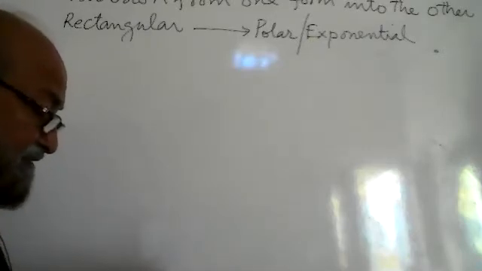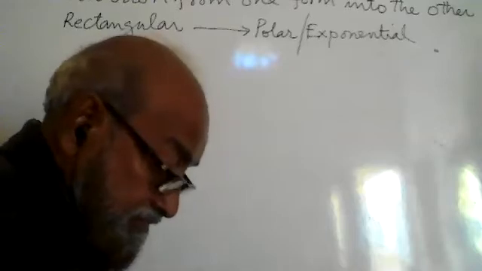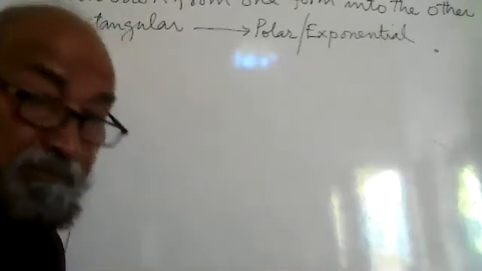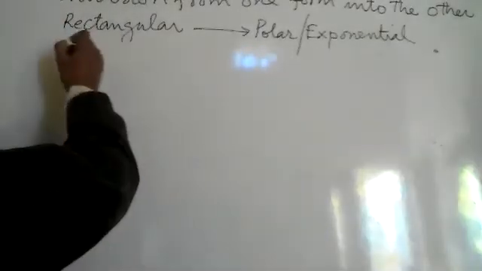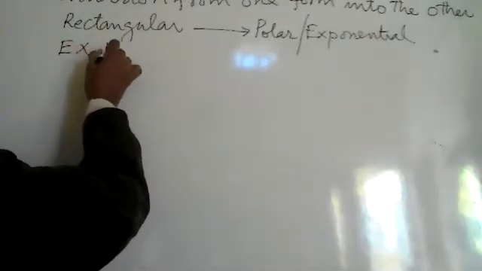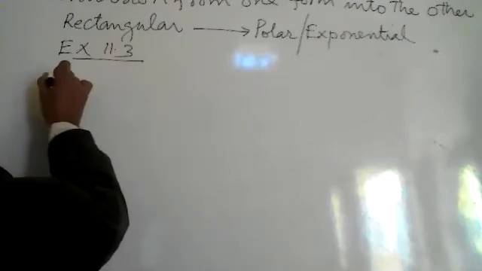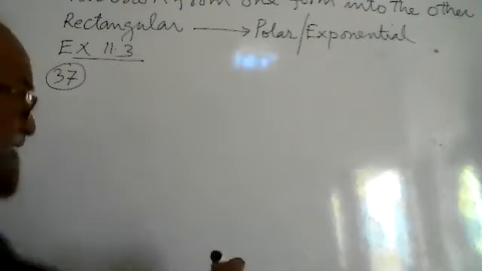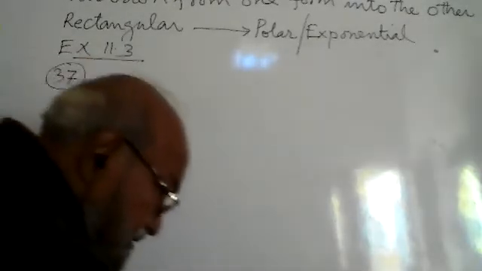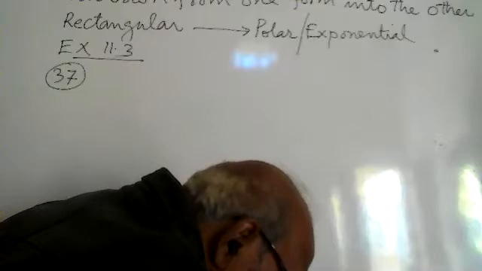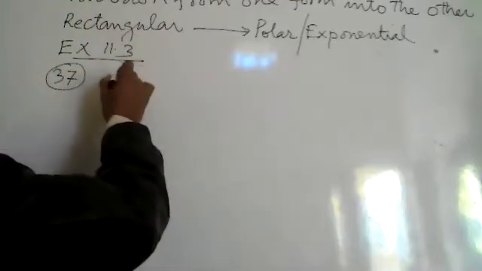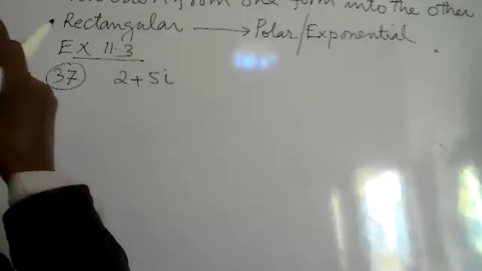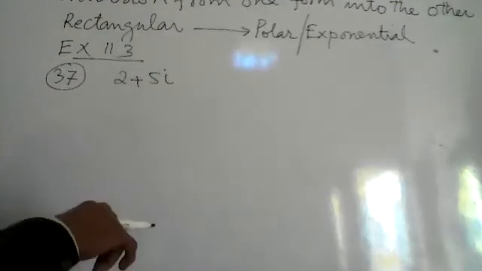Question number 37: 2 plus 5 iota. This is rectangular form.